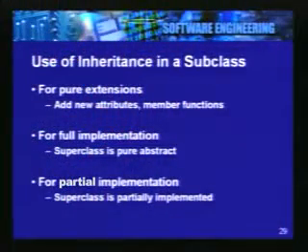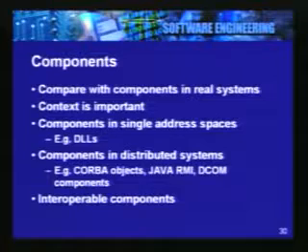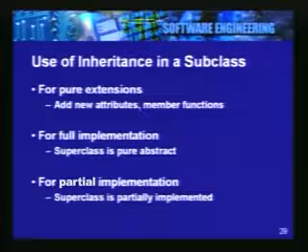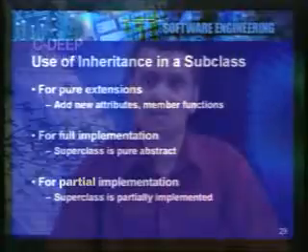And you can use subclasses as partial implementers in frameworks. So mainly those three kinds of subclasses can be used in class level designs with inheritance: inheritance for pure extension, inheritance for full implementation, and inheritance for partial implementation.